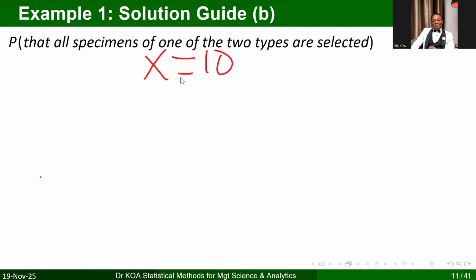So if all of the granites are selected, we have 10 straight away. But if all of the basalts are collected, because the sample is 15, we're going to have 10 basalts and then 5 granite.